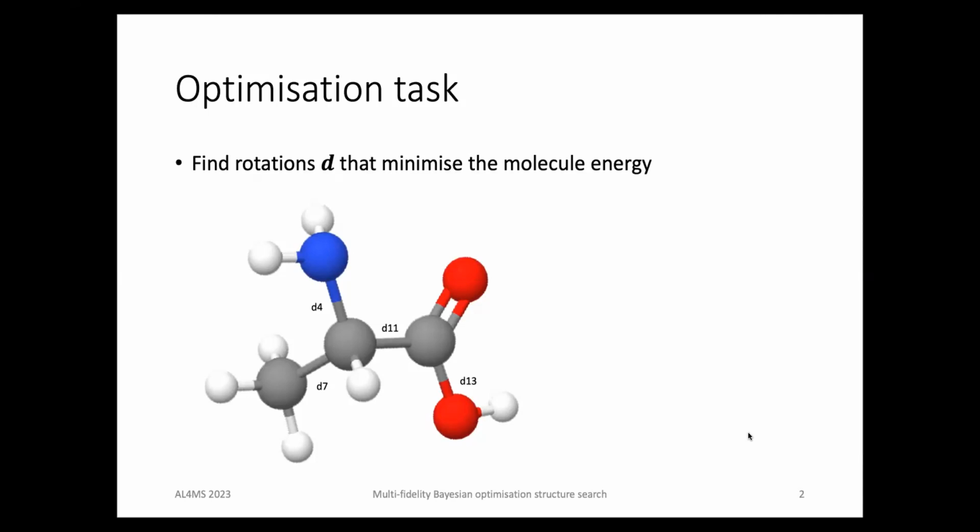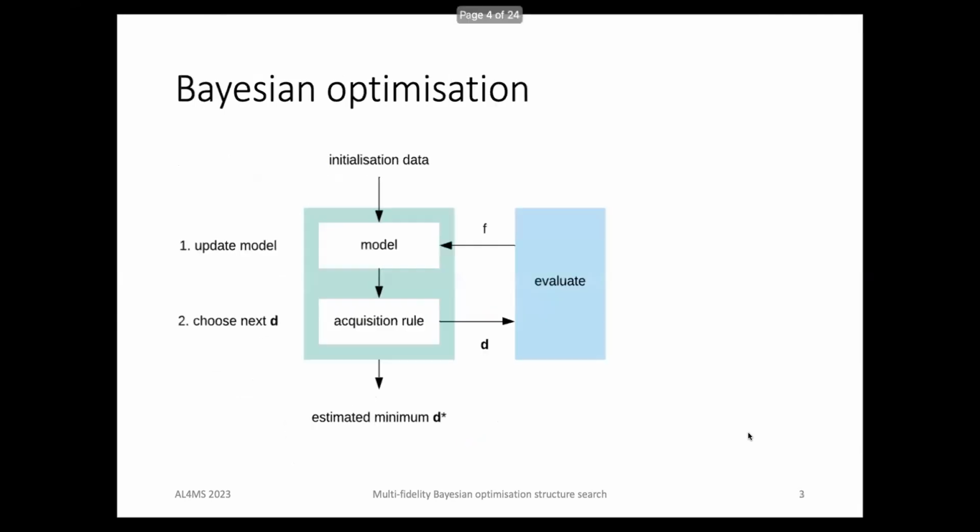So essentially, our task is to minimize an unknown target function based on point evaluations like this. And as discussed in several previous presentations also, we can solve this problem with Bayesian optimization. And just as a quick reminder, the key components in this optimization method are the model that represents what we know about the unknown target function, and the acquisition rule that, based on this model, decides which input parameter combinations to evaluate.